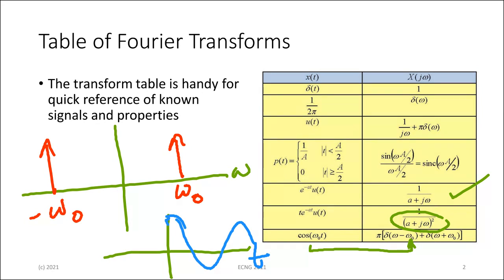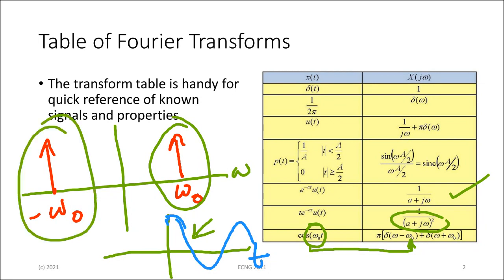And this is what I was telling you should be intuitive, that the cosine omega naught t has a single frequency component at omega 0. So therefore, the spectrum will have a single frequency component, which is at omega 0. But because we are dealing with complex numbers, and we mentioned that already, in order for the mathematics to be correct, we plot it at omega 0 and minus omega 0.